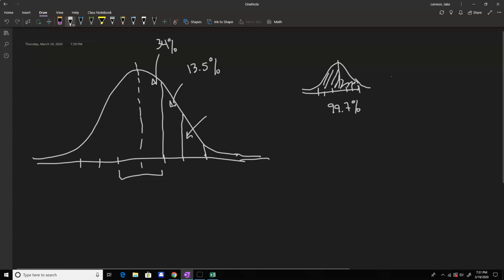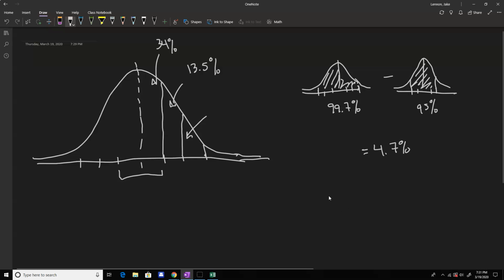And then if you subtracted the one that went from the middle to 2 above and 2 below, between these two, we only have 95%. So if you subtract those two, you get 4.7%, right?